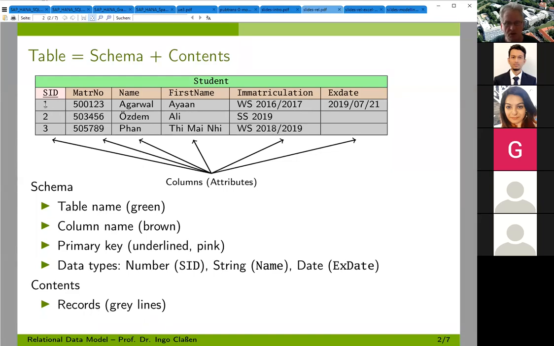Each row within one table is called a record. And there are different names for that. Records could also be called instances of students or objects, because the idea is that one record contains the information of one specific object.